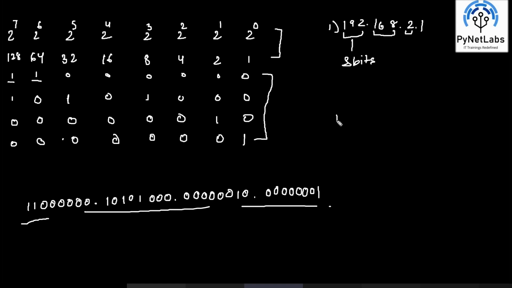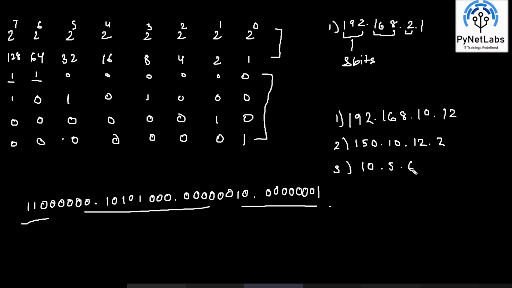Now I want you all to solve these IP addresses for me and let me know their binary forms in the chat. The first one is 192.168.10.12, then 150.10.11.12.2, and 10.5.6.2, and the last one 172.16.15.128.